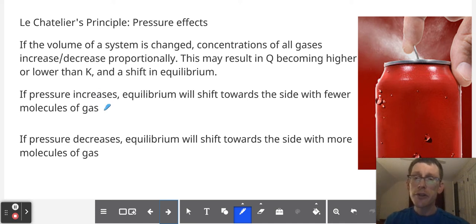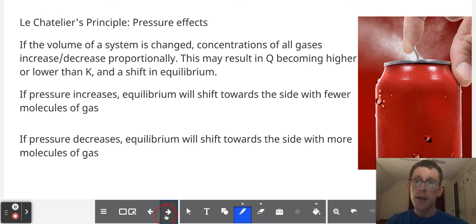And if the pressure increases, then the equilibrium will shift towards the side with fewer molecules of gas. That just happens to be the way it works out. But again, you could look at this through the lens of just you're changing Q. If the pressure decreases as a result of volume increasing, then the equilibrium will shift towards the side with more molecules of gas.